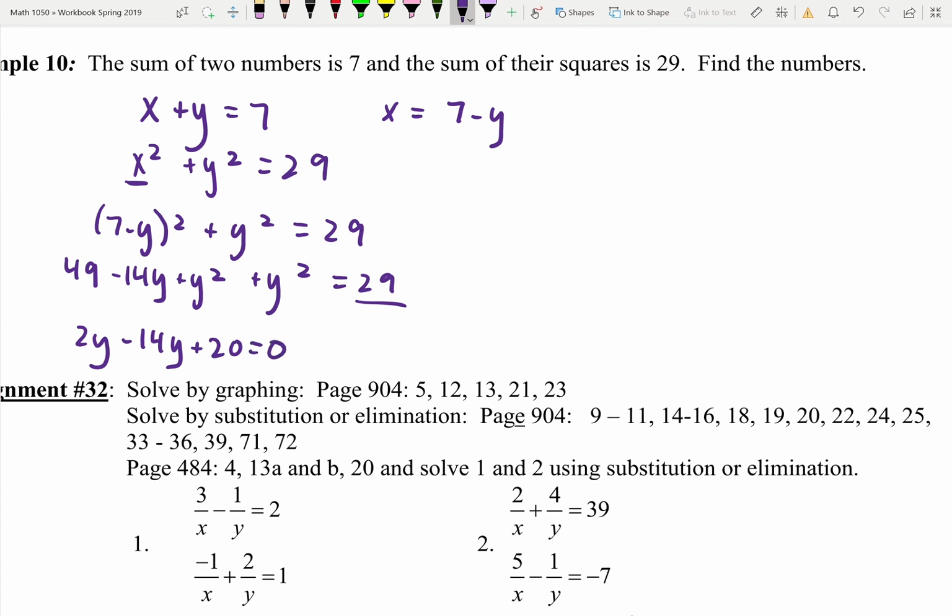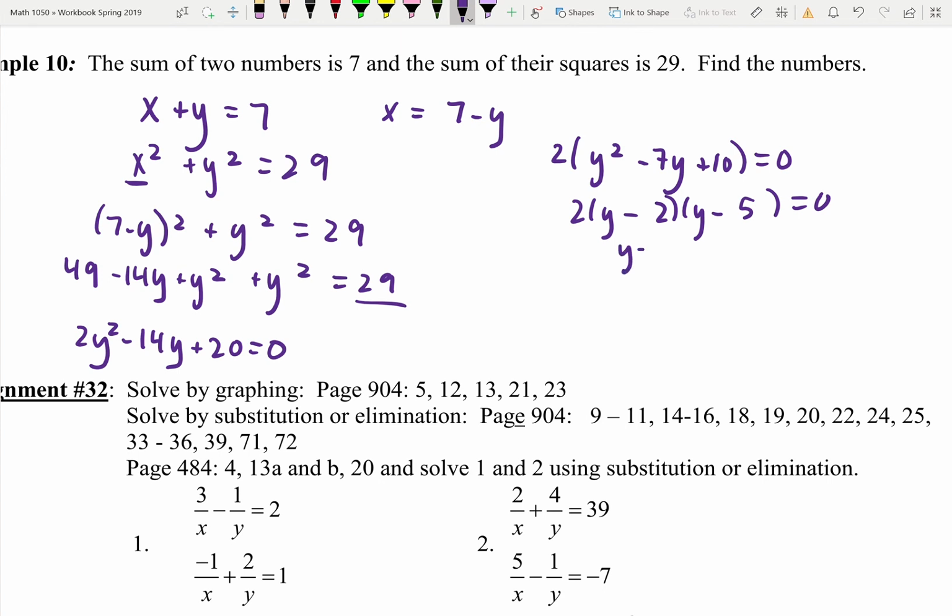Tell me what to do now. Take out a 2. Sorry, take out a 2, and you're left with y squared minus 7y plus 10 equals 0. Then I'm going to factor, so it goes to y and y. Signs are the same, they're both negative. 5 and 2 multiply to give me 10, and add to give me 7.